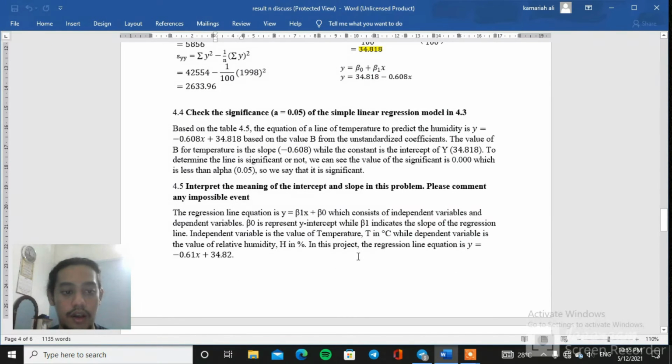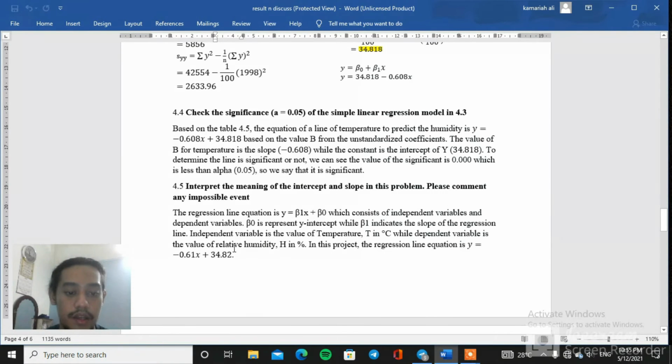So next is 4.5. We have to interpret the meaning of intercept and slope in our problem. So the regression line equation is y equal to beta 1x plus beta 0, which consists of independent and dependent variable. So beta naught represents the y-intercept and beta 1 indicates the slope of the regression line.